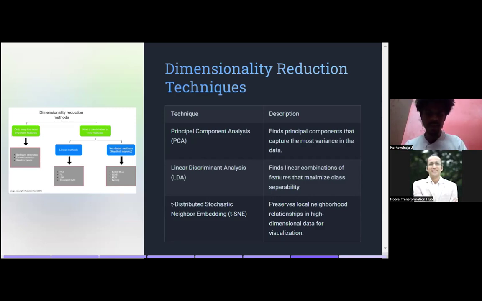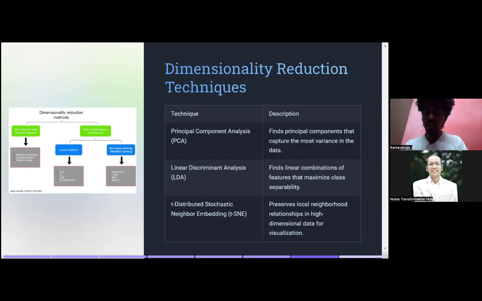Next, LDA, linear discriminant analysis, which finds the linear combination of features that maximizes class separability. Next, t-SNE, t-distributed stochastic neighbor embedding, which preserves local neighborhood relationships in higher dimensional data for visualization.